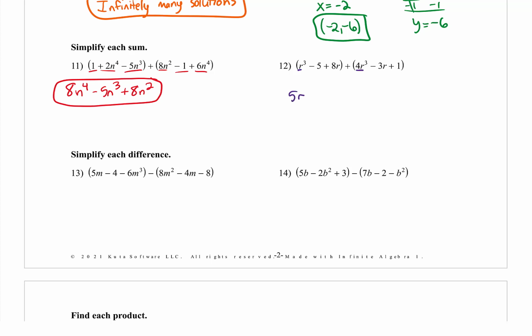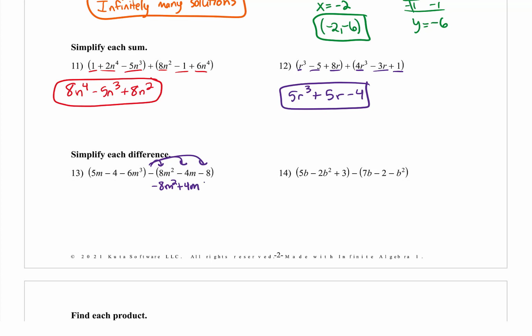So this is our answer. I like to do it by starting with the biggest variable and counting down, because I feel like it helps me not overlook things. But you technically don't have to do this unless it said write your answer in standard form.